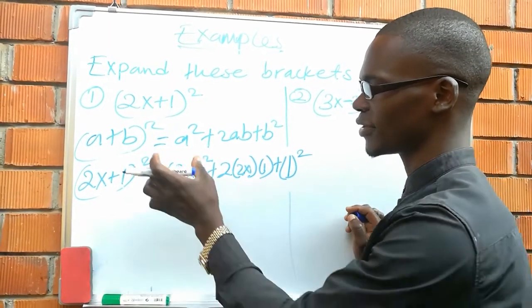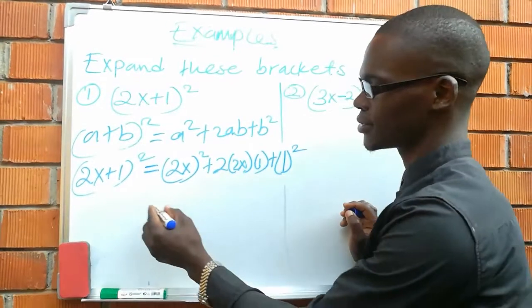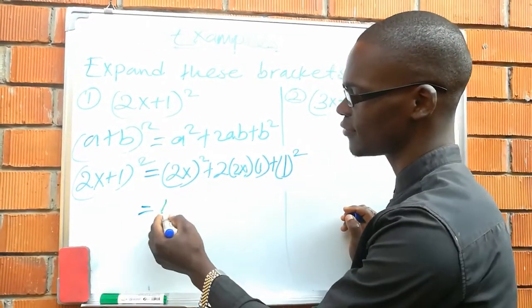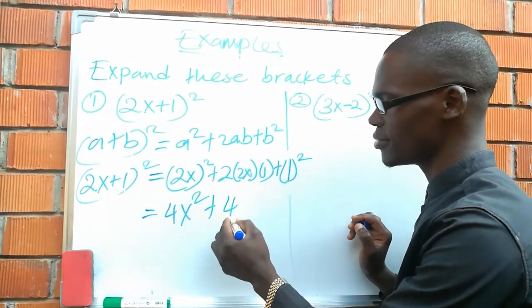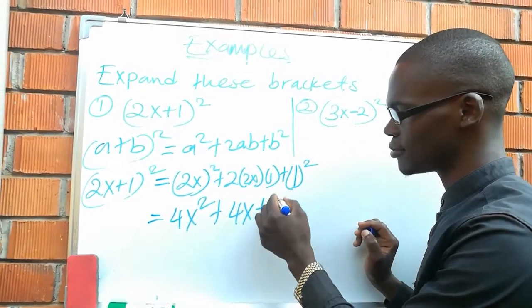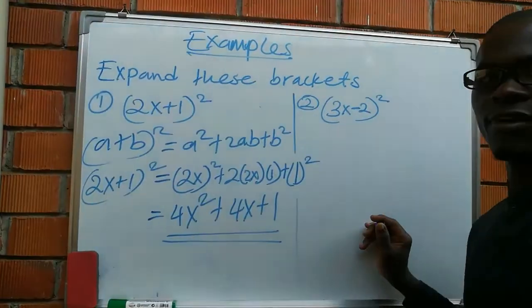That is, if we compare this to that. So this gives us 4x squared plus 4x plus 1 as our final answer.